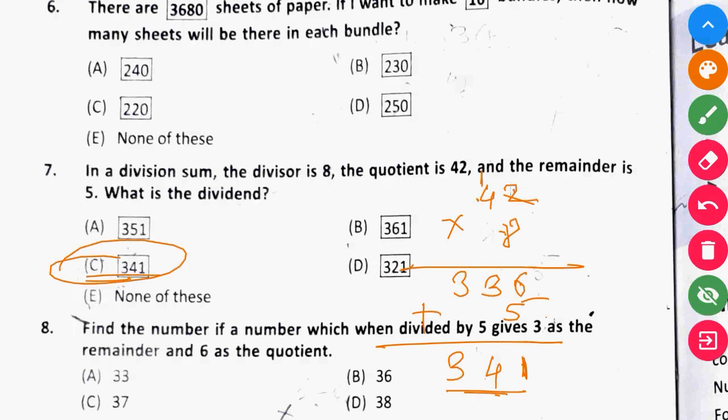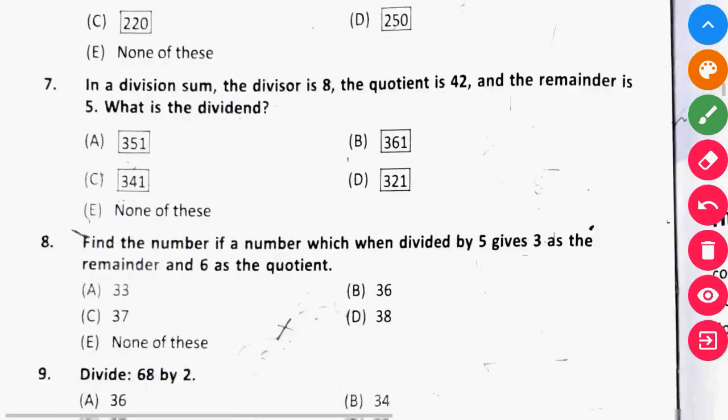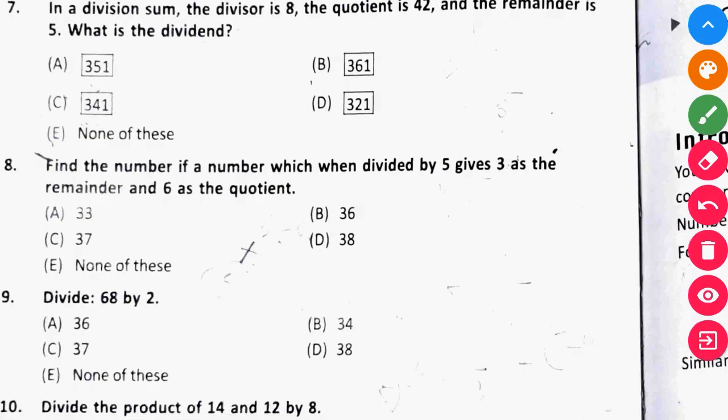If there were no remainder, then 336 would be your answer. But the remainder is 5, so your answer is 341. You have to add that remainder to the product of divisor and quotient.